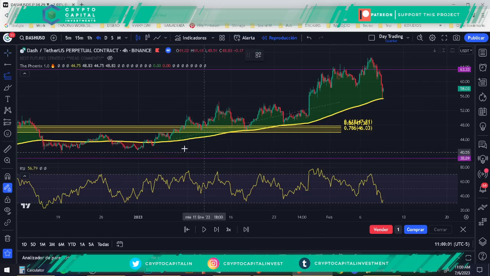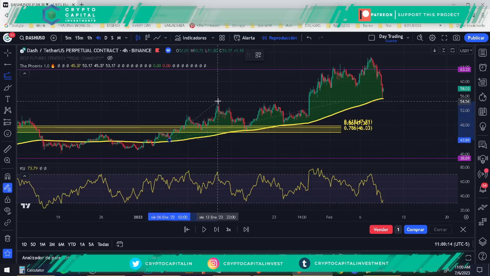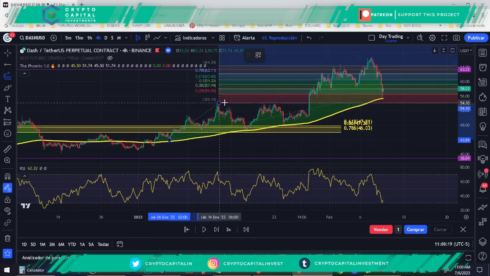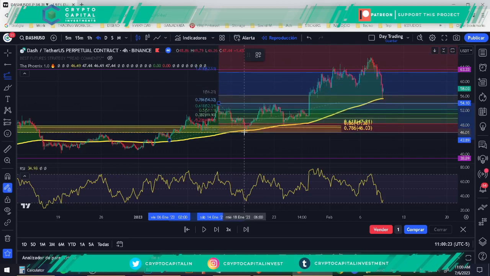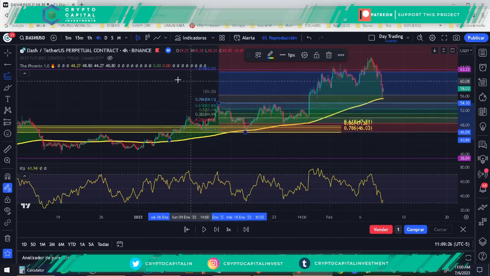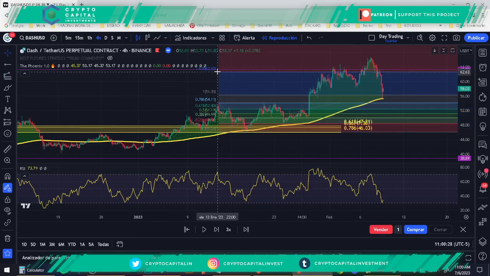So it extends the percentage here. What you want to do is take the first swing, so this is the 100% where that entry happened. Okay, and as you can see, then we have the 1.618 aligned with the resistance.